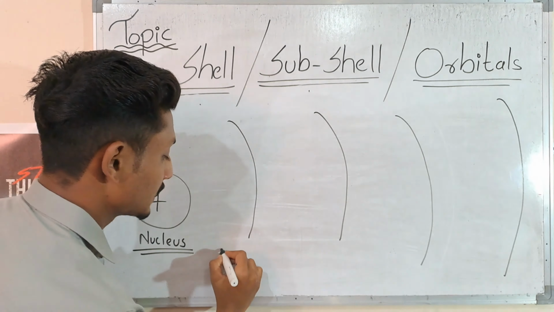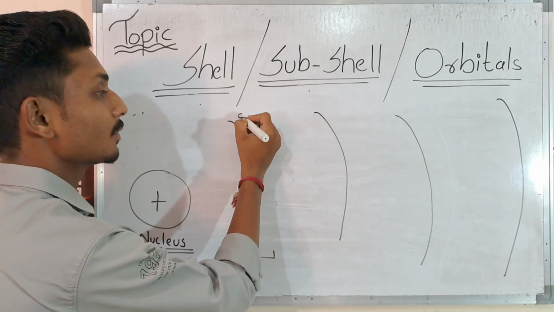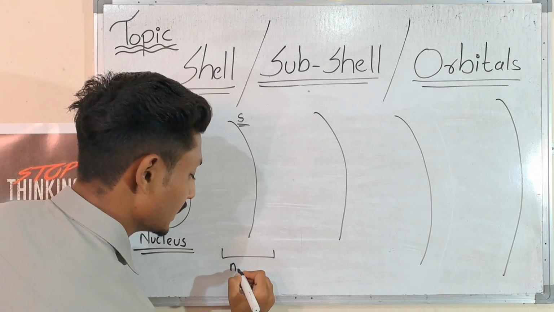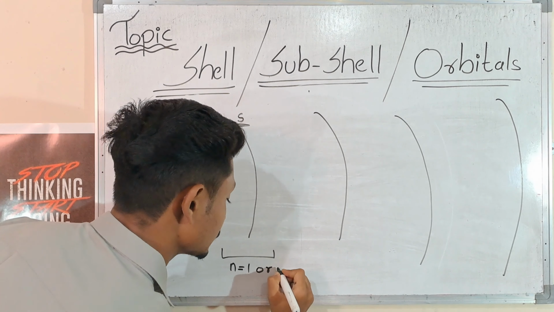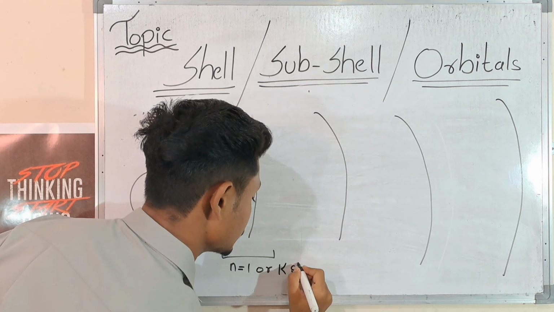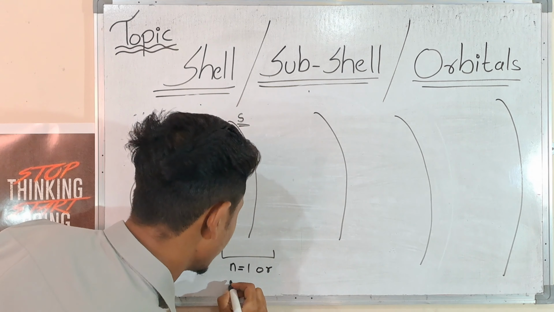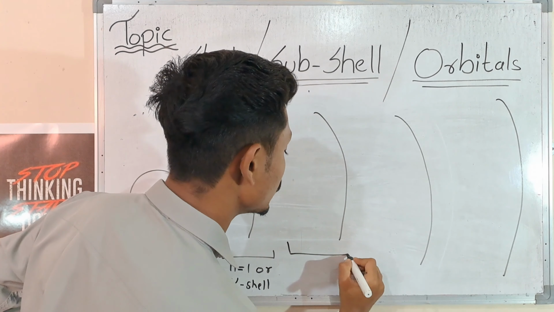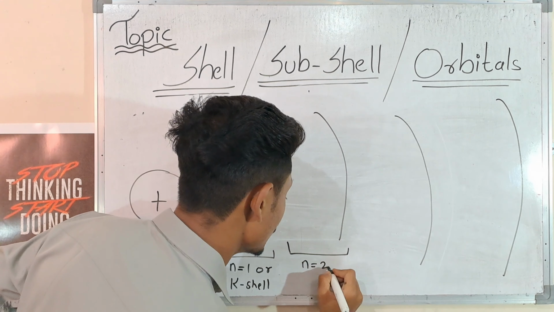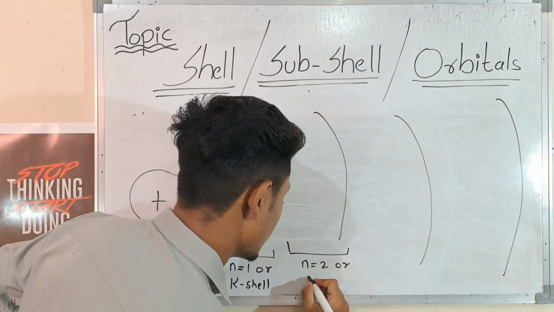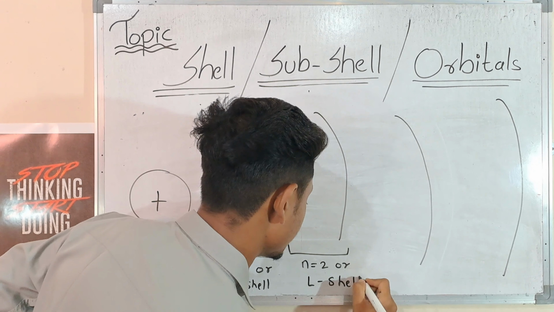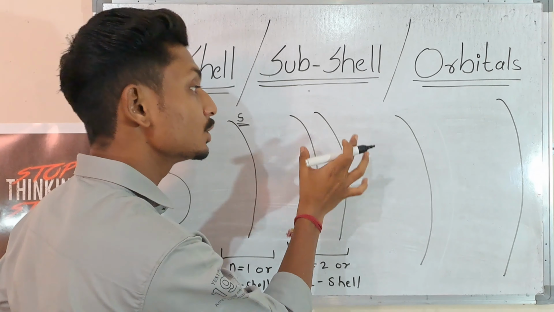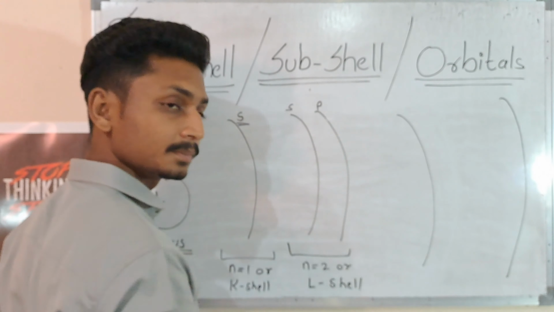Look, this is the first shell containing only one subshell. This is known as S. Energy level n equals 1 or K shell. This is energy level 2 or n equals 2 or L shell, which contains two subshells, known as S and P.